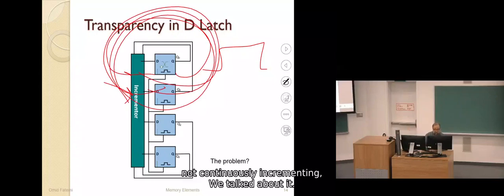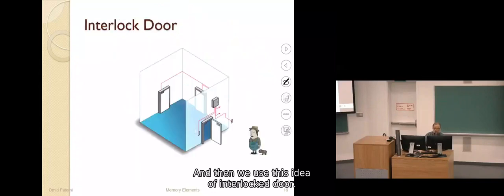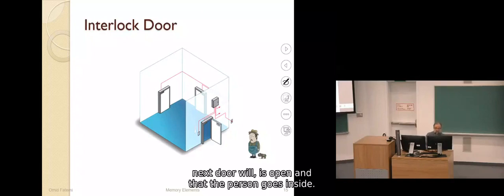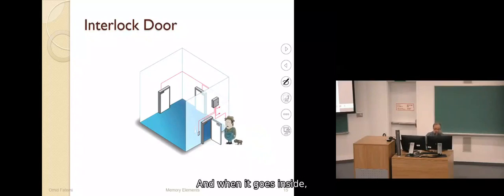So we talked about it, and then we used this idea of an interlocked door, that you have a door going to a room, and this door is closed, the next door is open, and the person goes inside, and when the person goes inside, this door is closed.